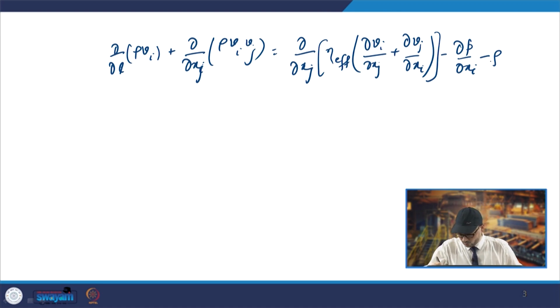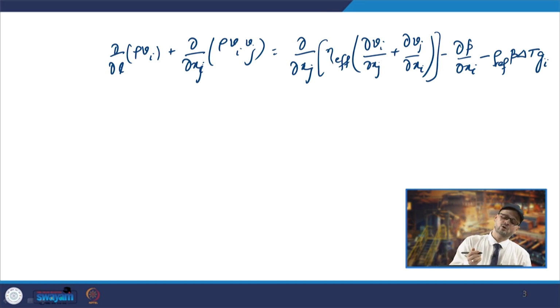So, that will be rho reference into beta into delta T, and then you have g i. So, this term is coming once you have the buoyancy which is there in the case of turbulent flow when you are taking the non-isothermal conditions.